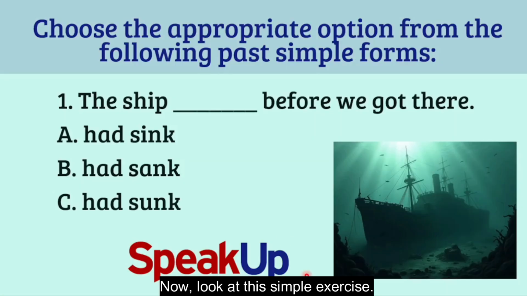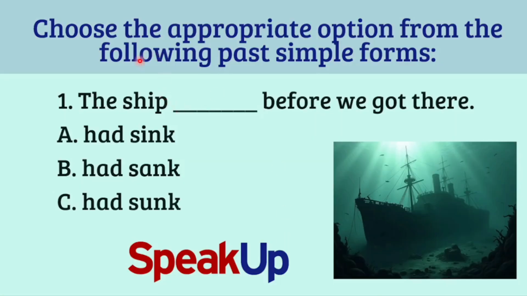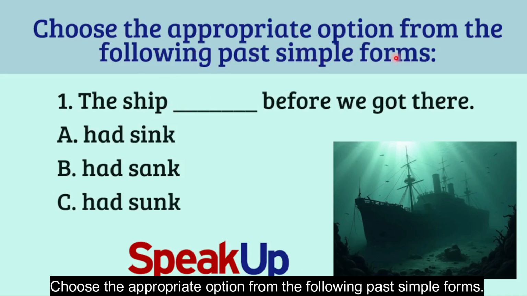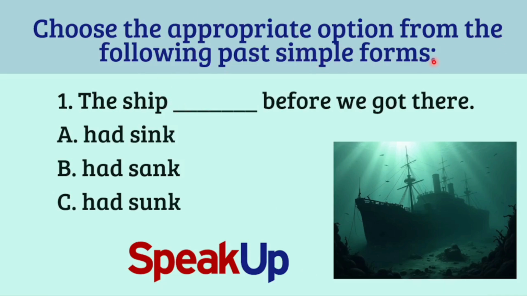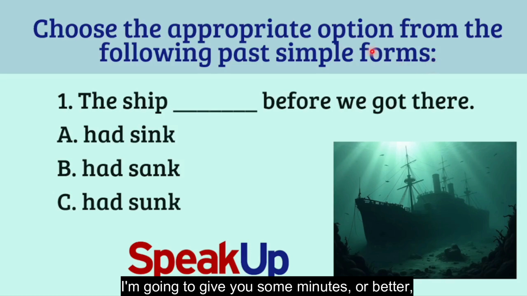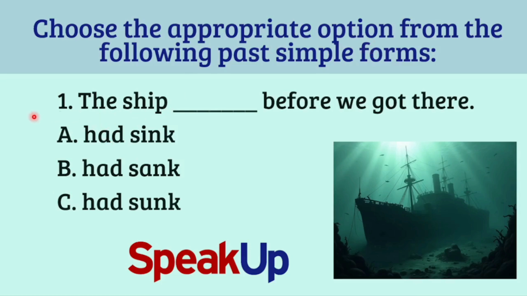Now, look at this simple exercise. Choose the appropriate option from the following past simple forms. I'm going to give you some seconds for you to answer the question. Number 1. The ship A, had sink, B, had sank, C, had sunk before we got there.